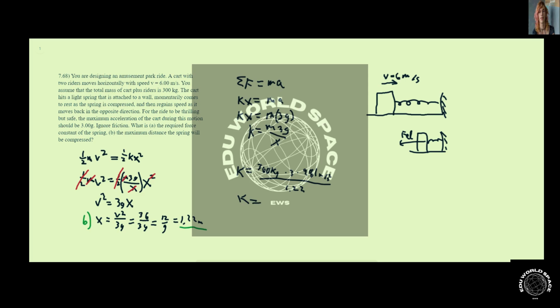If I plug that into my calculator real quick, 300 times 3 times 9.81 divided by 1.22, I get 7236.9, and it's going to be newtons per meter. And that's our solution.